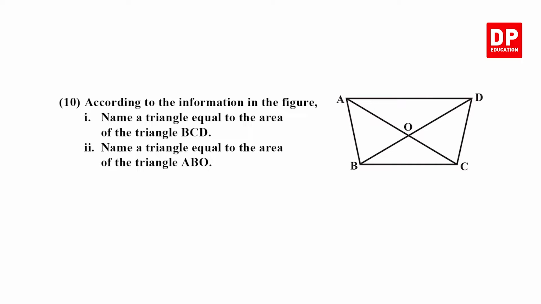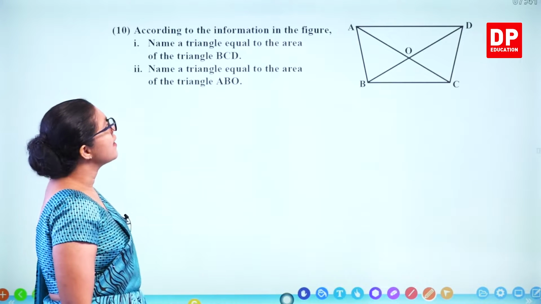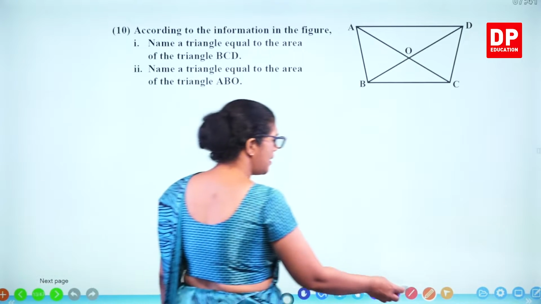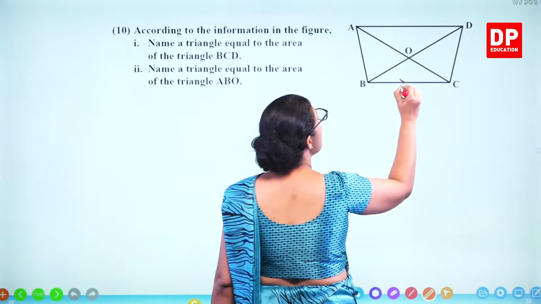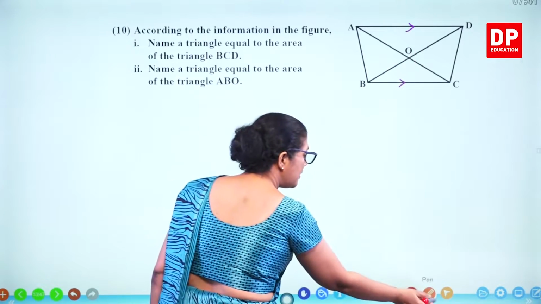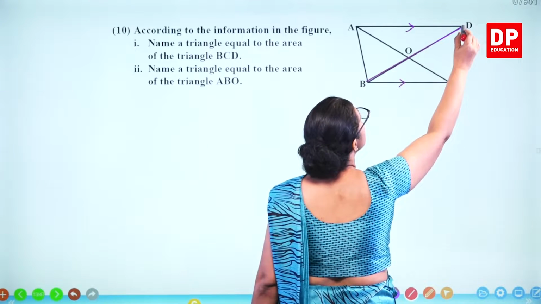Question number 10. According to the information in the figure, name a triangle equal to the area of the triangle BCD. Here, these lines are parallel. If these are parallel, you can take here BCD is this one.